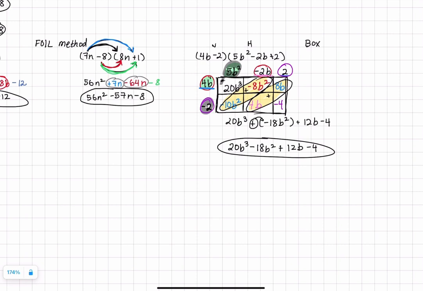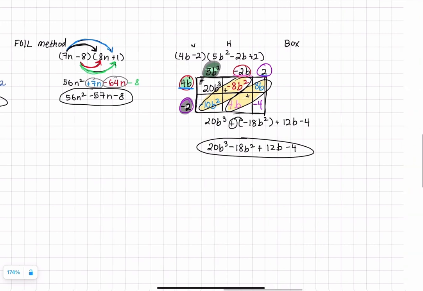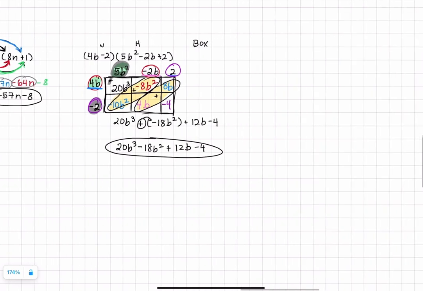So let's say now you had to multiply multiple polynomials, something like x plus 3 times x plus 2 times 2x minus 5. Well, what you can do in this instance is multiply two of them first. Just use the FOIL method in this case since there are only two.